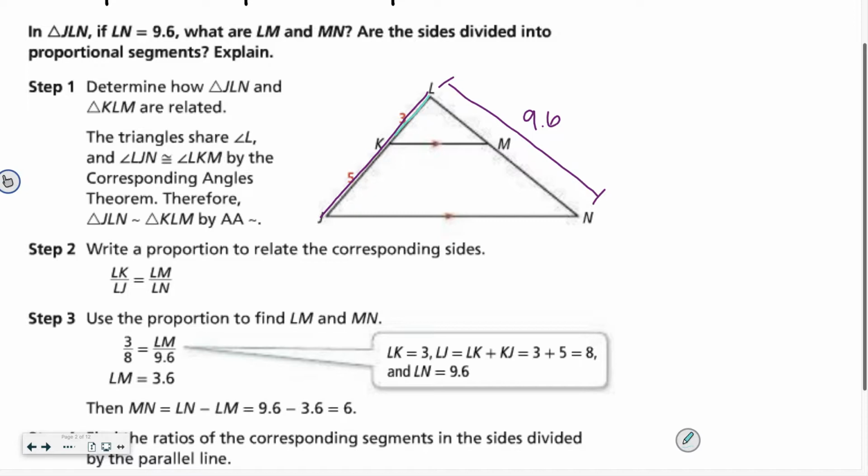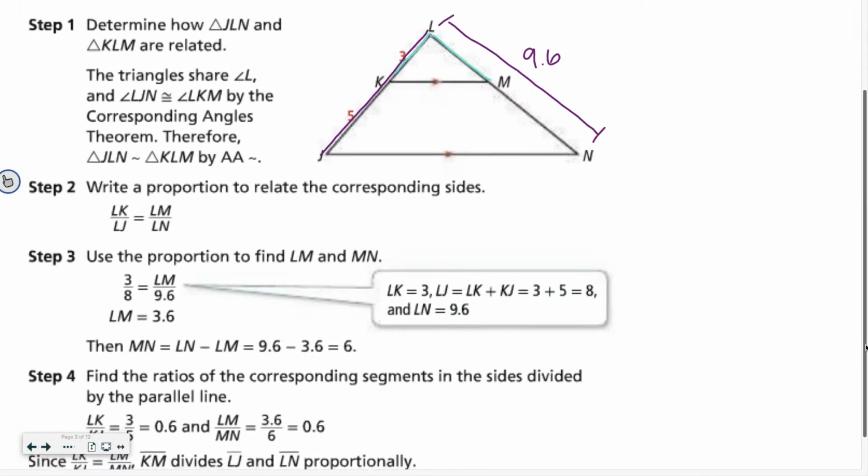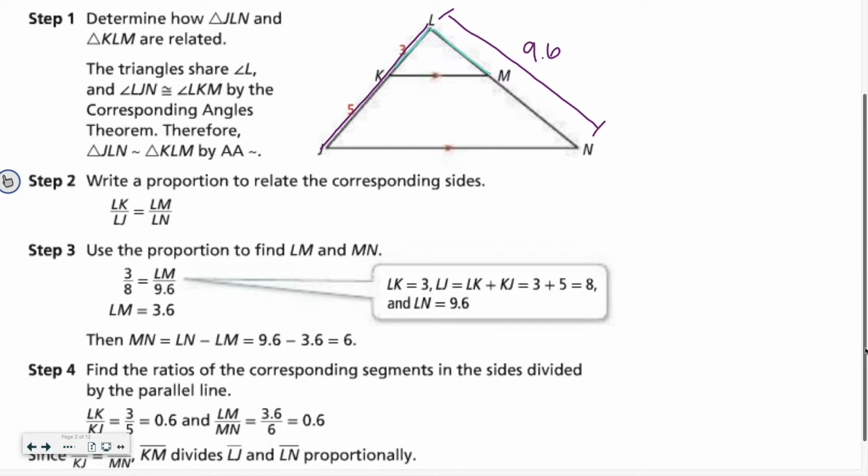So I could say LK over LJ equals LM over LN. Once I've set that up, I can start plugging numbers in. So I know LK equals 3 because the picture tells me that right up here. And then I know that LJ would be 8 because it would be 5 plus 3 because it's this entire side. So I would say 3 over 8 equals LM, I don't know.